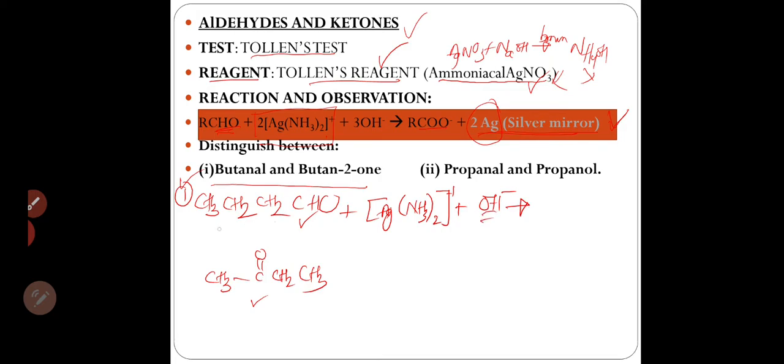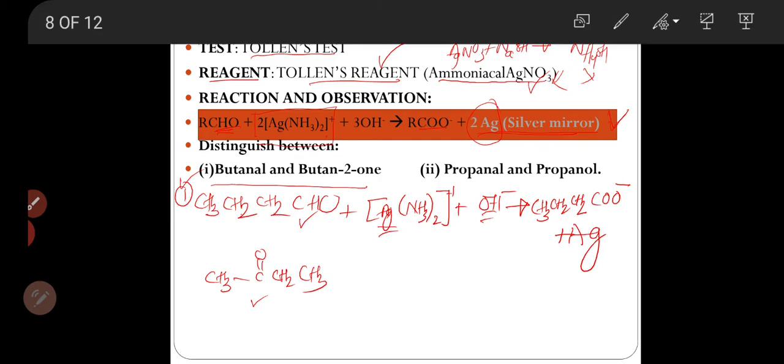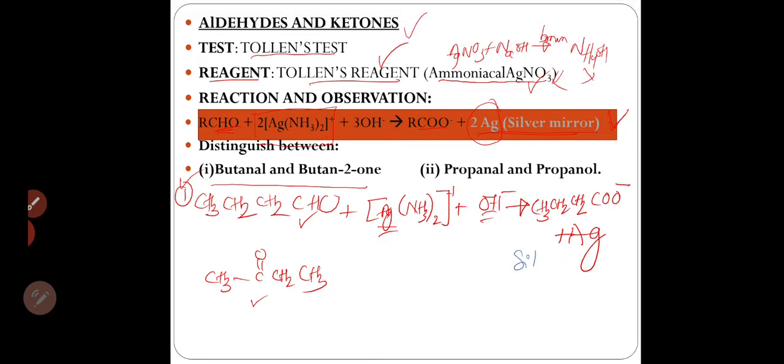So you will get CH3 CH2 CH2 as it is, then CHO will convert to COO minus, and yes, you must write this Ag. Because of deposition of this Ag, you will get a silver mirror. You must write this, write silver mirror for Ag. This observation you must write.